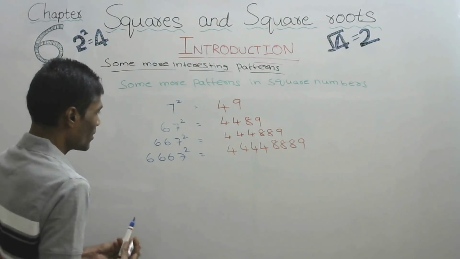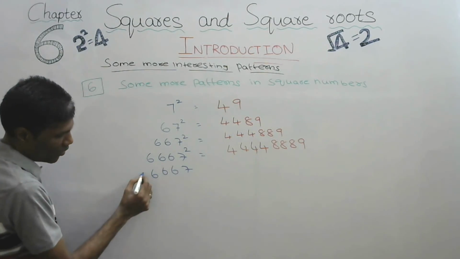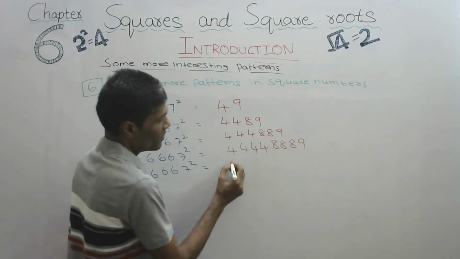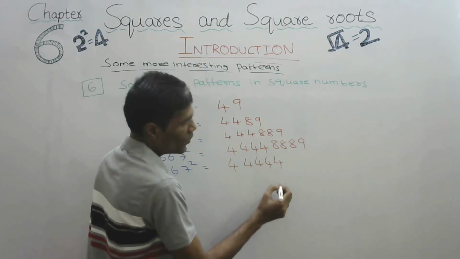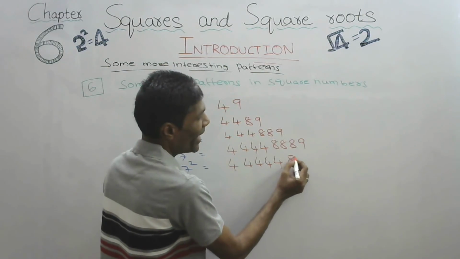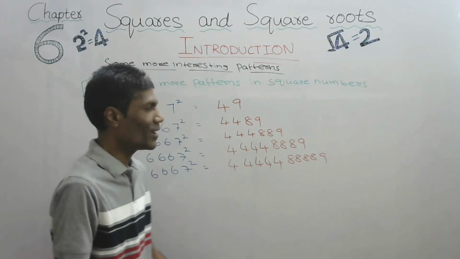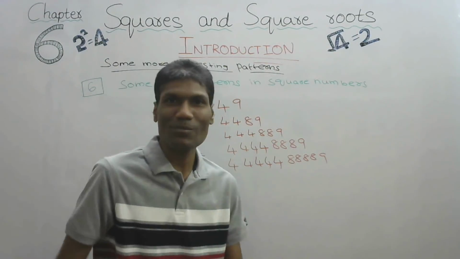If we continue and add one more 6 here and take the square, the value will be, add another 4 and add another 8, and the last digit will be 9 only. So how is the pattern? This is one more interesting pattern, isn't it?